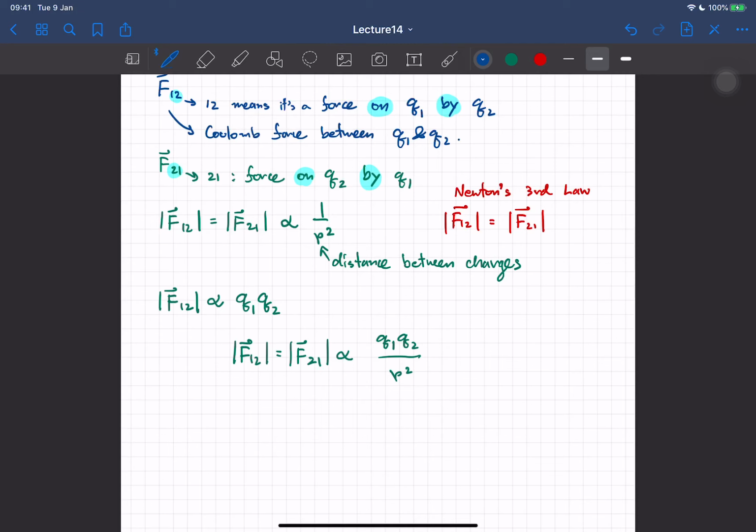Right, so we need to put in some constant of proportionality, and that's why we're going to replace this proportionality sign with an equal sign, and we're going to put in a constant here, k. This k is called the electric constant.